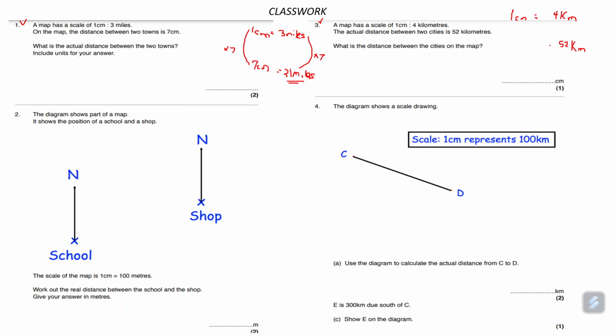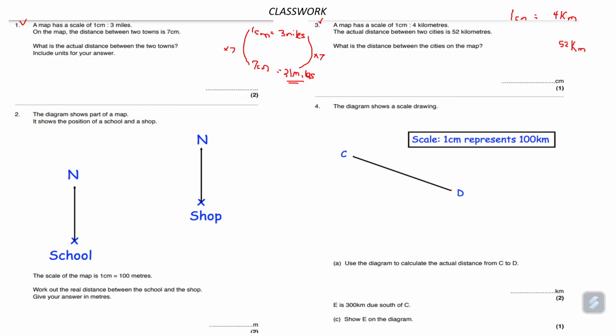And we're told that the distance in real life situation is 52 kilometers. Remember, our scale said 1 centimeter is equal to 4 kilometers. And in real life situation, the two cities are 52 kilometers apart. Question, what can you do to 4 to get 52?